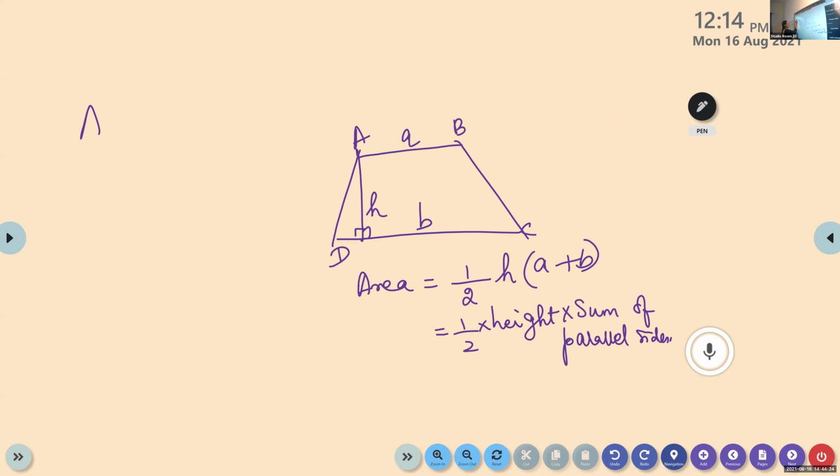Note this one also, area of rhombus. Area of rhombus is half into D1 into D2, where D1 and D2 are the lengths of the diagonals.